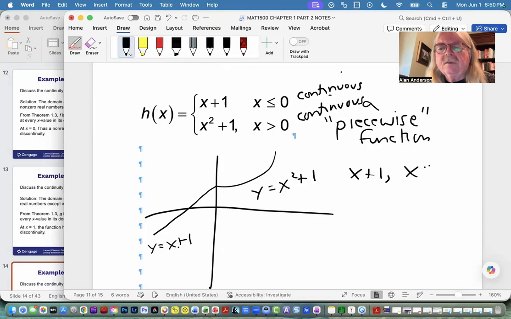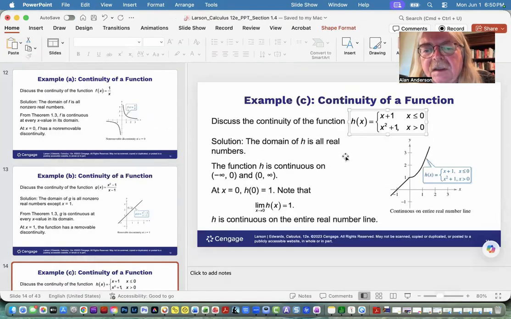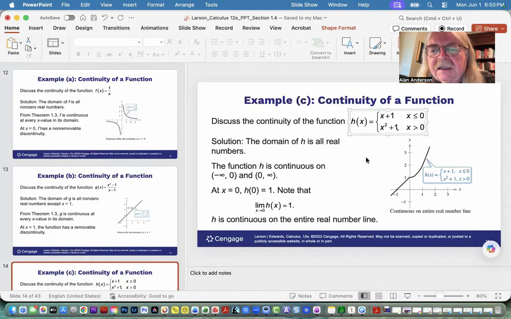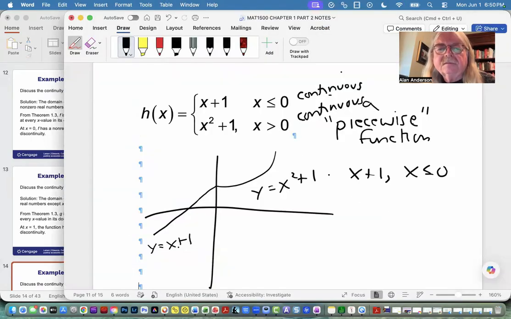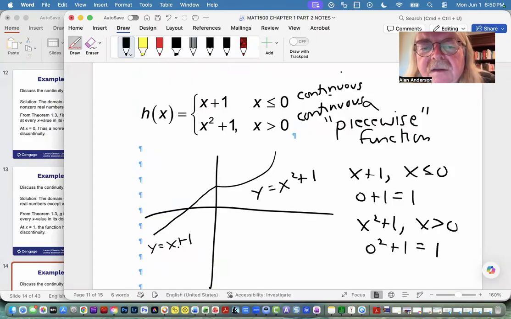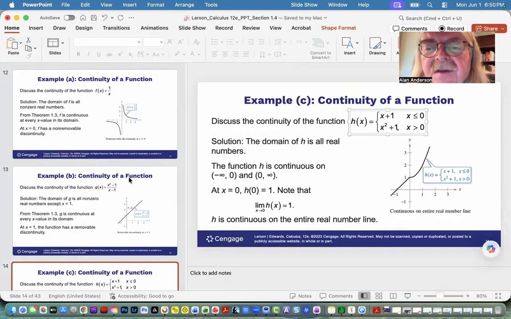Let me just rewrite them again one more time. If I try to evaluate both of these at x equals 0, sorry, not 1, in both cases the function equals 1. So that means it's continuous. The entire function is continuous everywhere.